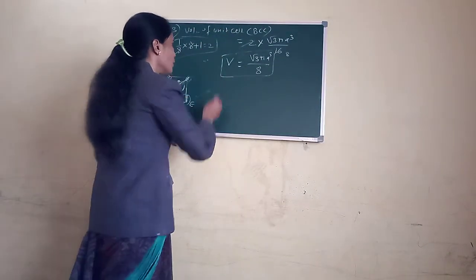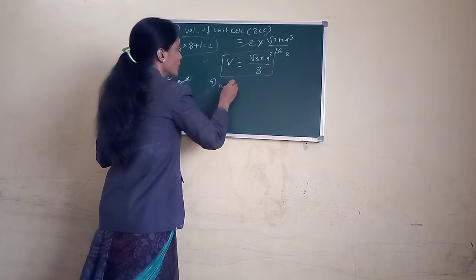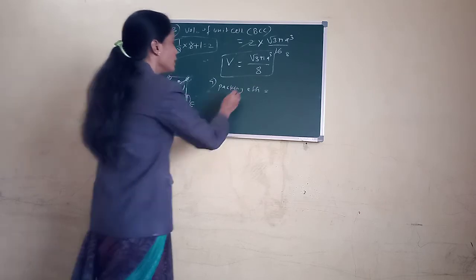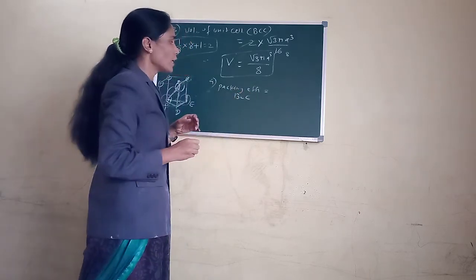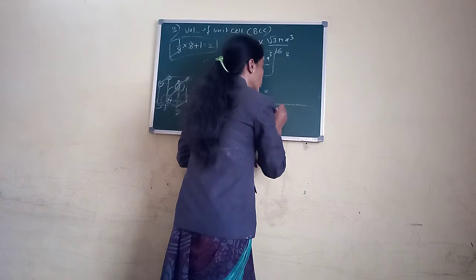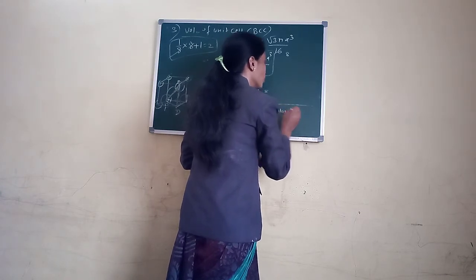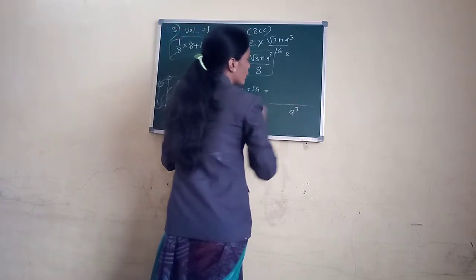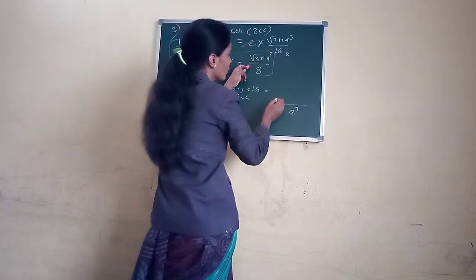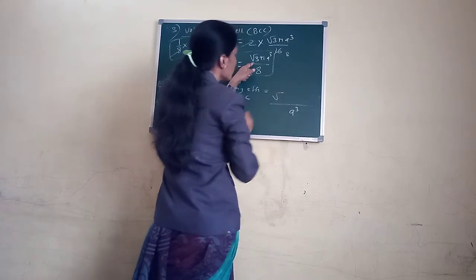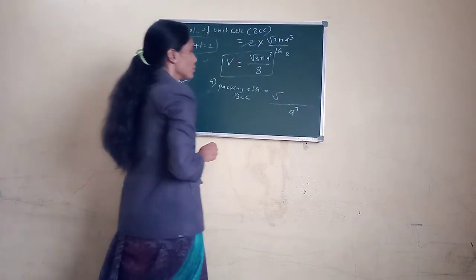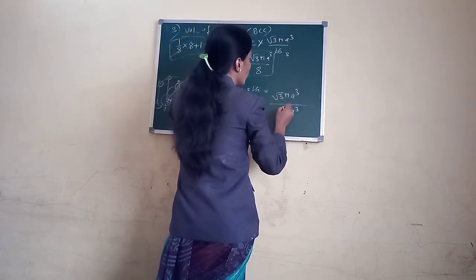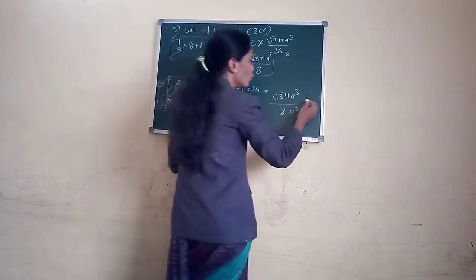Again, fourth step is packing efficiency. Packing efficiency of BCC, body centered unit cell. The formula: out of total volume a cube, and this is the volume of BCC, under root 3 pi a cube upon 8 into 100.